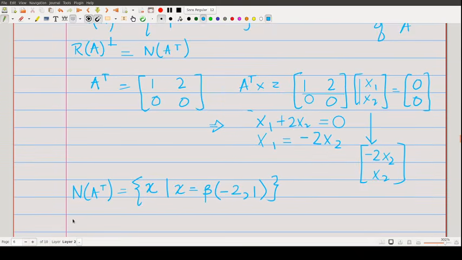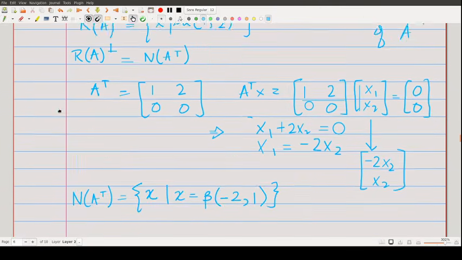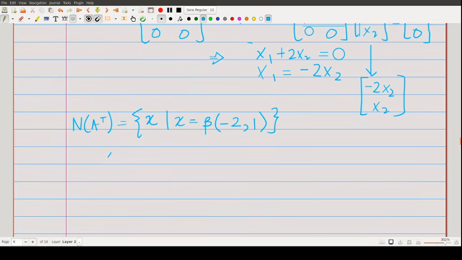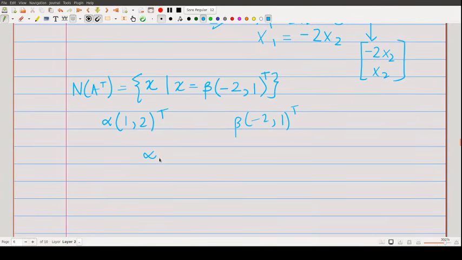And now notice what happens. If I take any vector of the form alpha (1, 2) transpose, and the other vector is beta (minus 2, 1) transpose, and I compute their scalar product, we can separate alphas and betas because they are just constants.